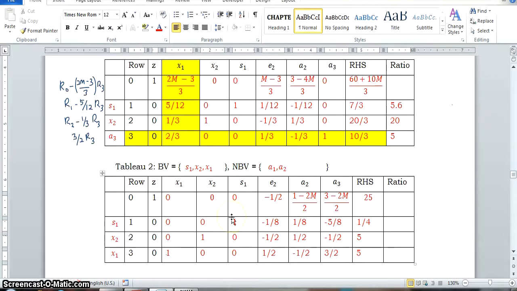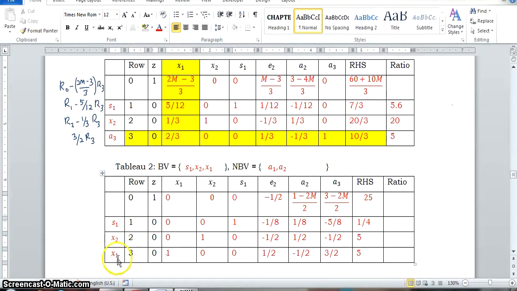Because all variables in row 0 have non-positive coefficients, this is an optimal tableau. Also, the coefficient for basic variables in row 0 is 0. S1 has 0 coefficient in row 0.